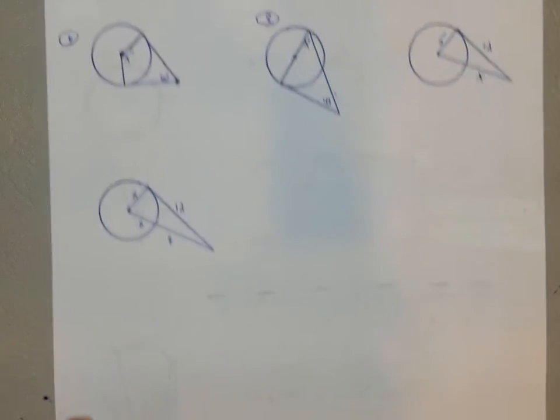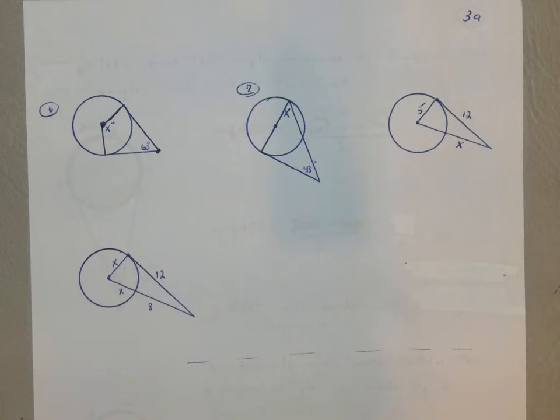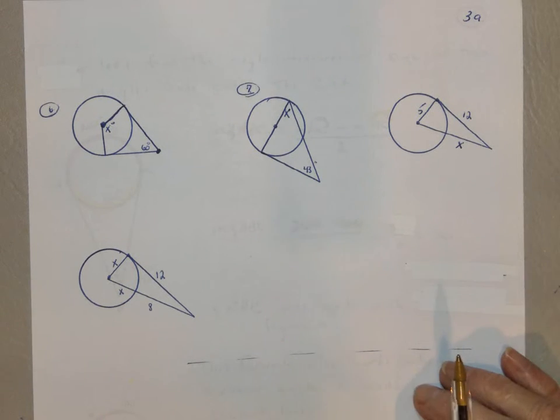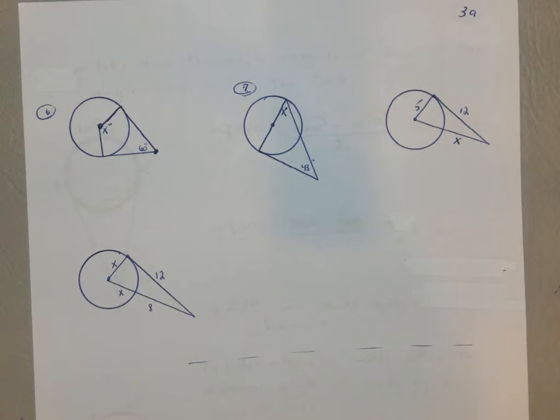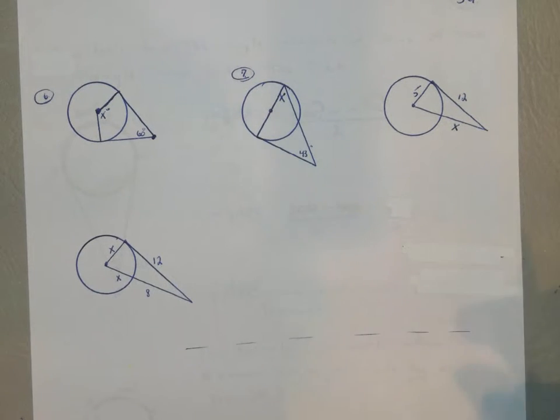So let's take a look at these so that we can answer these questions, okay? So I want to find out what angle X is. Interesting. So what am I going to do here? Angle X. How do I find angle X? If the outside angle is 60 degrees, let's see what we got here.